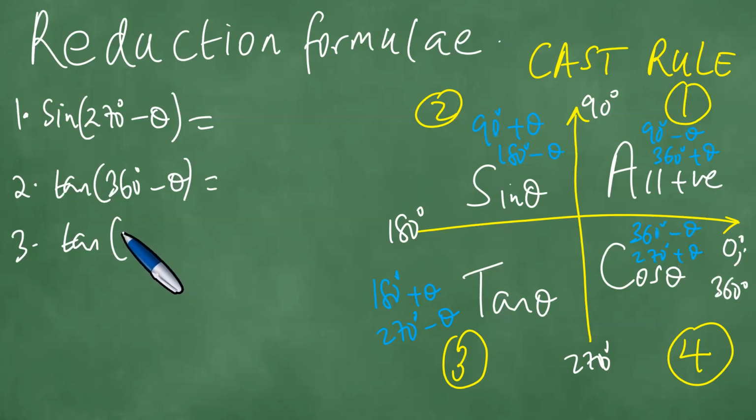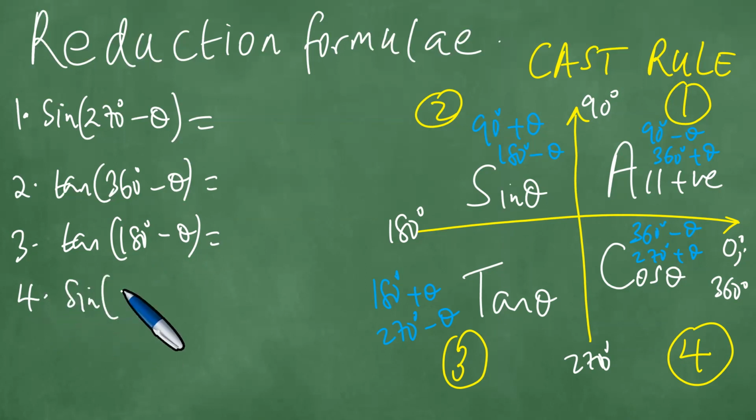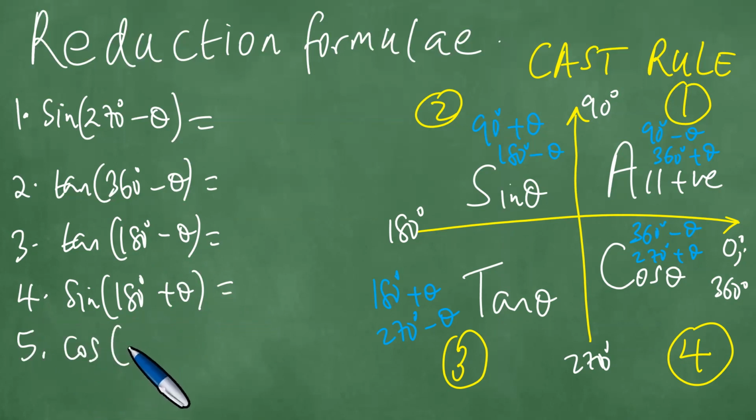The tan of 180 degrees minus theta, what is the answer? The sine of 180 degrees plus theta, what is the answer? The cosine of 270 degrees minus theta, what is the answer? Okay, now let's complete this here.